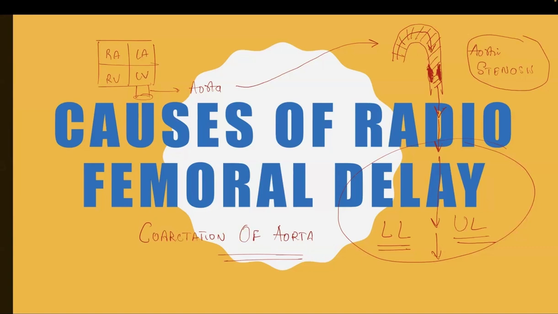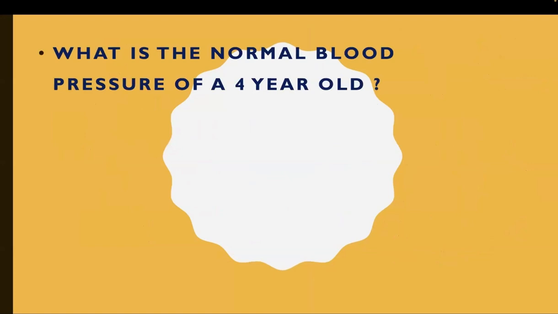So the lower limbs will have very feeble pulses, or not proper pulses, as compared to the upper limb pulses. So coarctation of aorta and aortic stenosis are the beautiful examples of radiofemoral delay. That is one important exam question that you should know. Okay, this part is done.